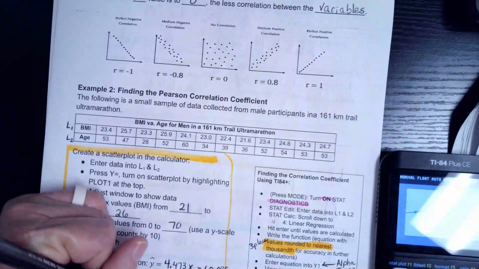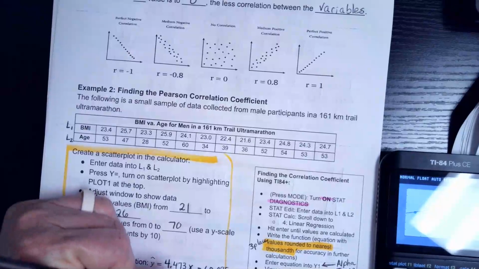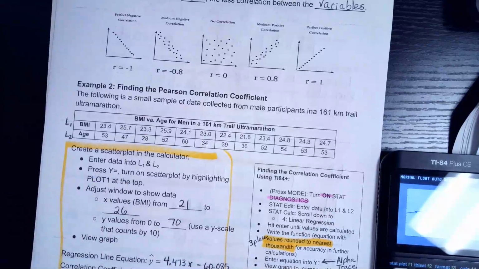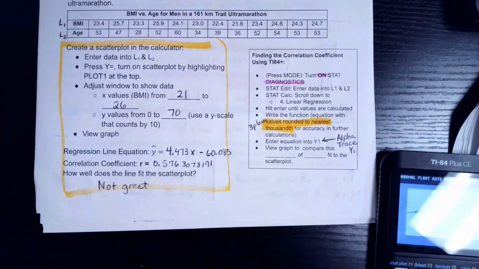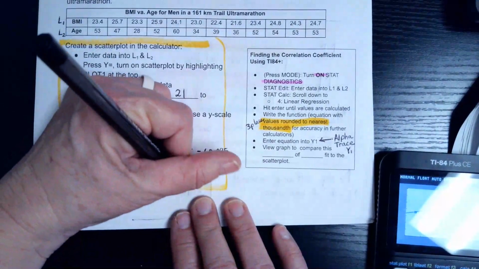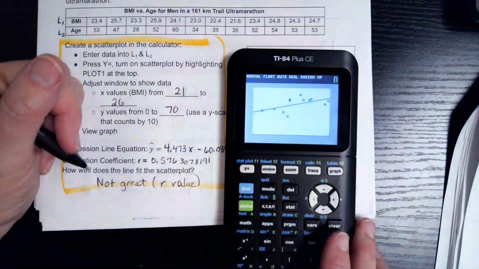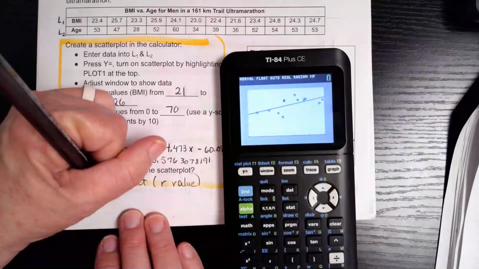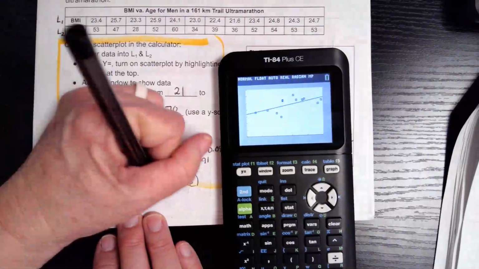According to the R value, it's not great. Oh, sorry, I didn't write that where you could see it. According to the R value, and looking at the graph, it's not great looking at the graph.